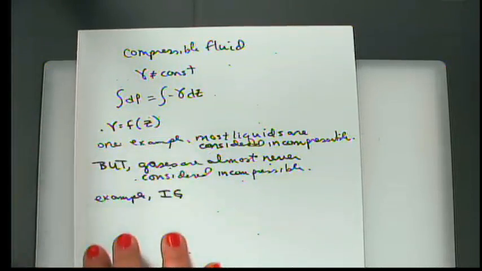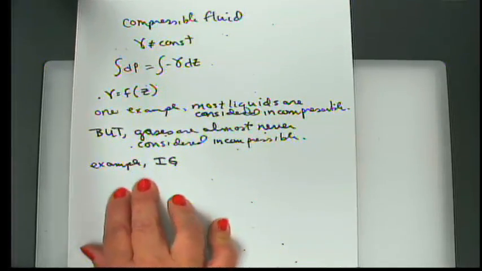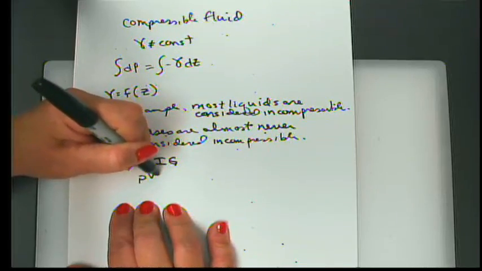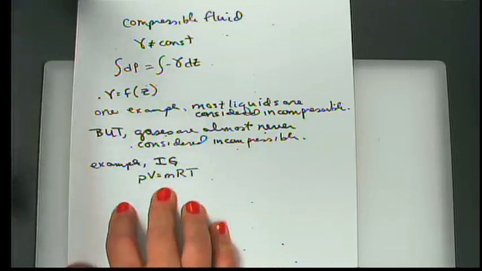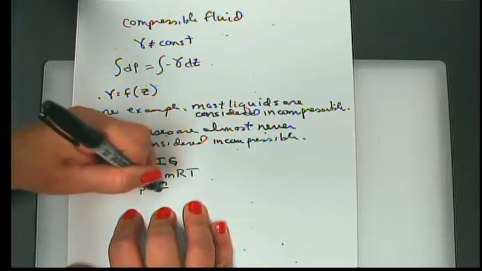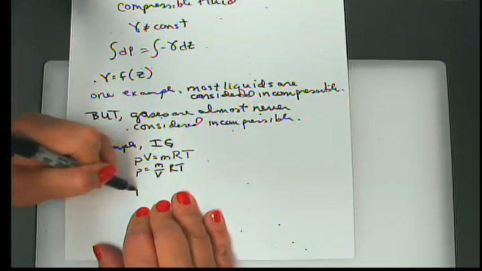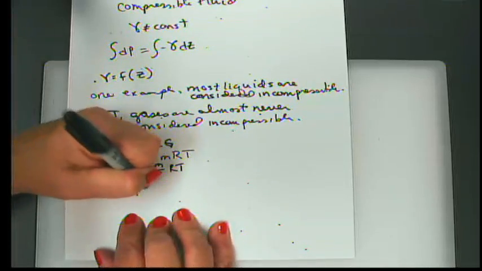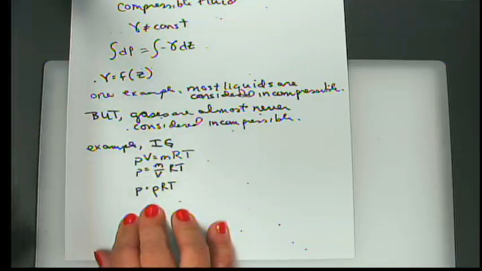Okay, you remember from chemistry or thermodynamics that the ideal gas law says that P times V is equal to mRT. And if I divide both sides by V, I get an expression that looks like this. We know that mass per volume is density. So I can write the equation like this.